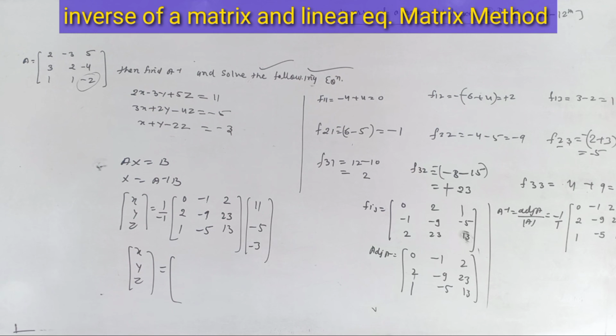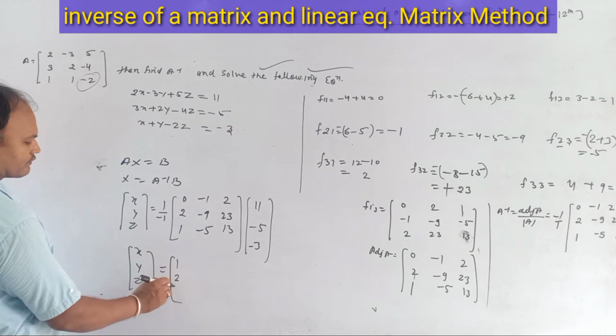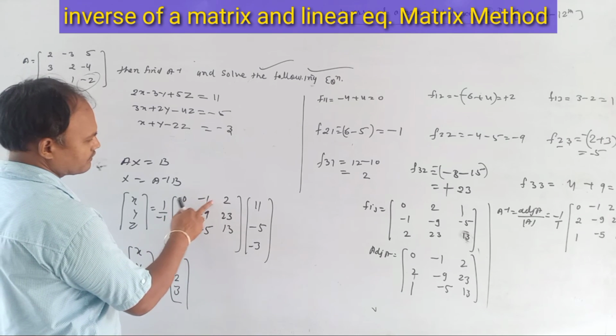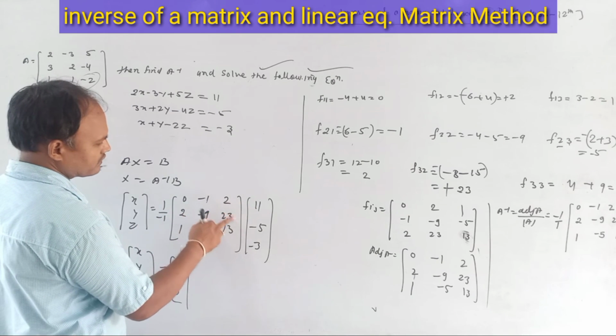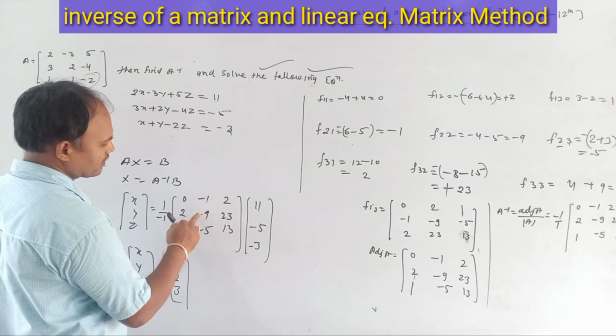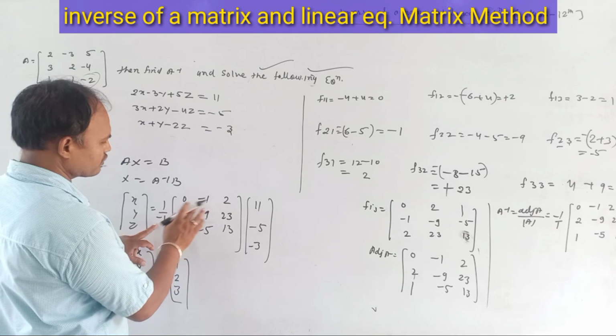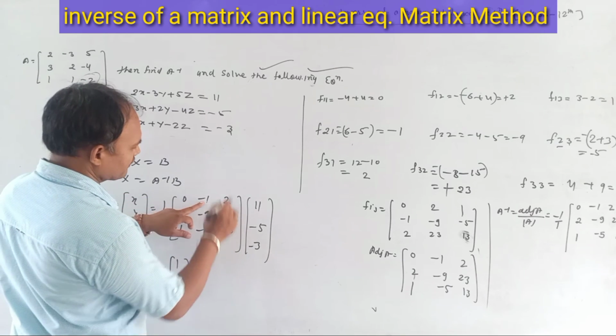So the values should be 1, 2, and 3. Okay, look here, it is minus 11 and minus 10, and here it is 1, it's not a problem.